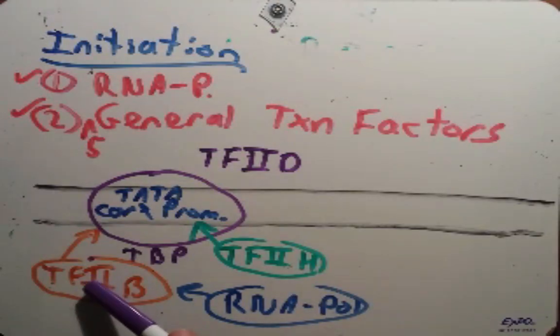And then transcription factor 2B comes along, and it's important because it's what brings RNA polymerase into the show so that it can begin to transcribe and make RNA molecules. So that's really what initiation is all about.